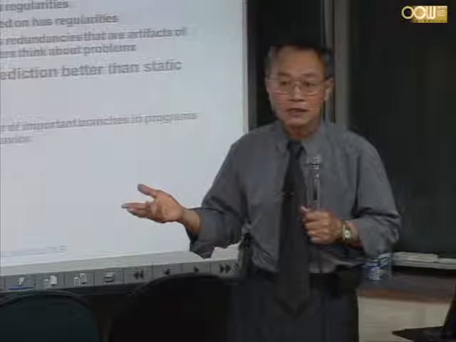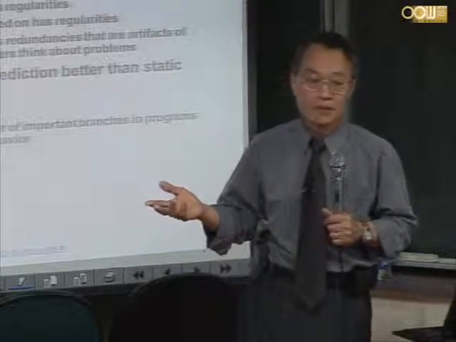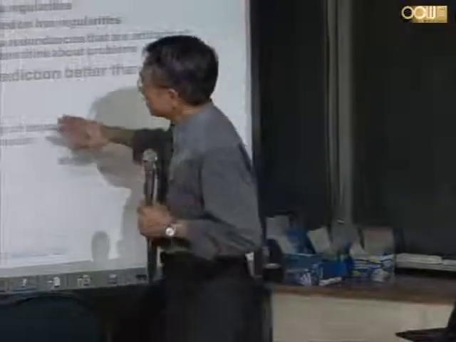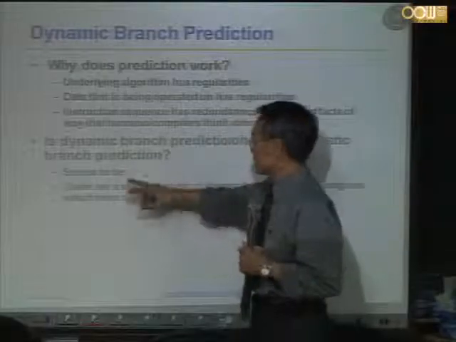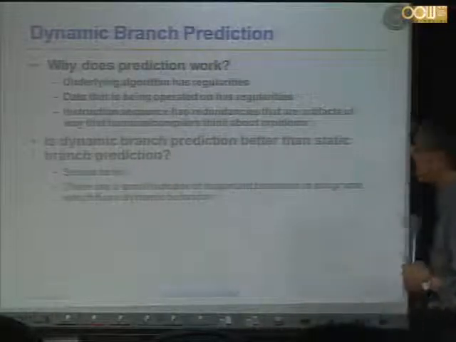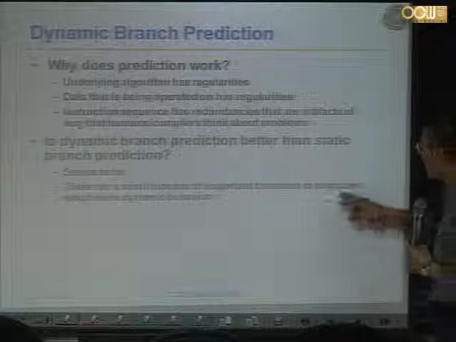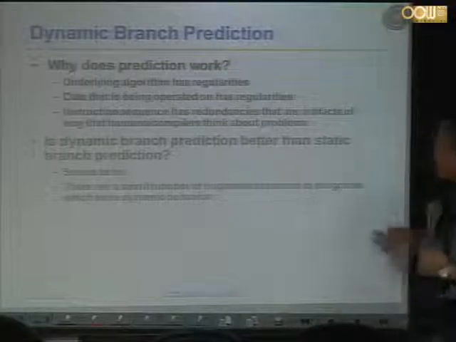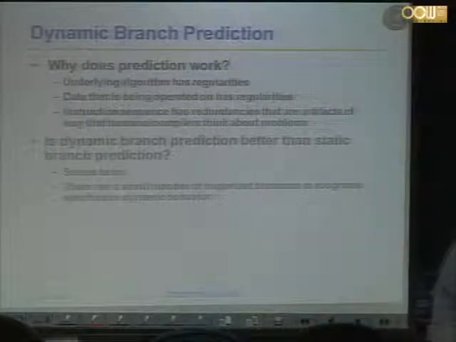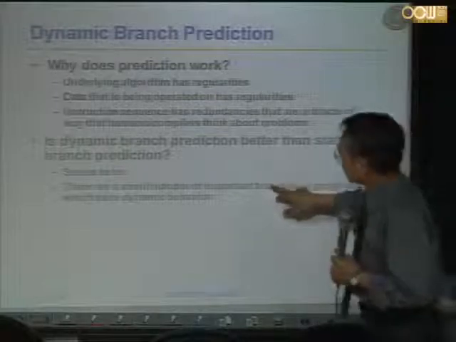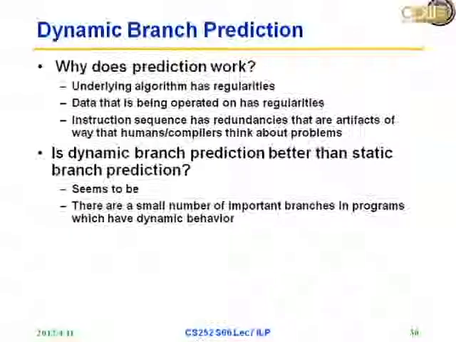It's gone. No more effect anymore. So the answer should be definitely. There are a small number of important branches in programs which have dynamic behavior. So dynamic may be superior to a static method.